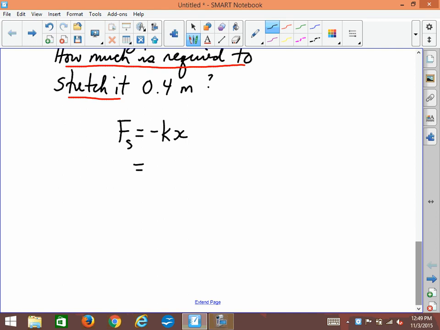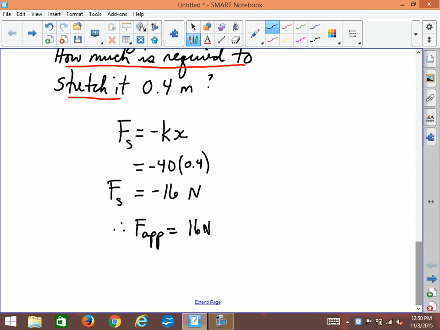The K value was 40, negative 40, and 0.4. So 4 times 4 is 16, so that would be about negative 16. What this tells us is the restoring force of the spring is negative 16 newtons. So therefore, the applied force that you would pull with would be the opposite of that, or positive 16 newtons, right?